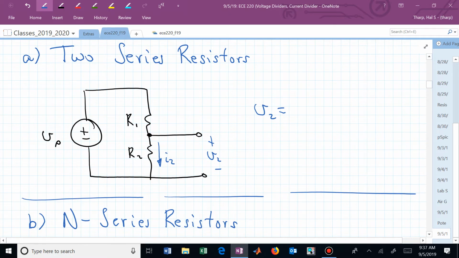Ohm's law says V2 is R2I2, doesn't it? What's I2? Or can we find I2? Or is it related to I1? Or is it related to this I?